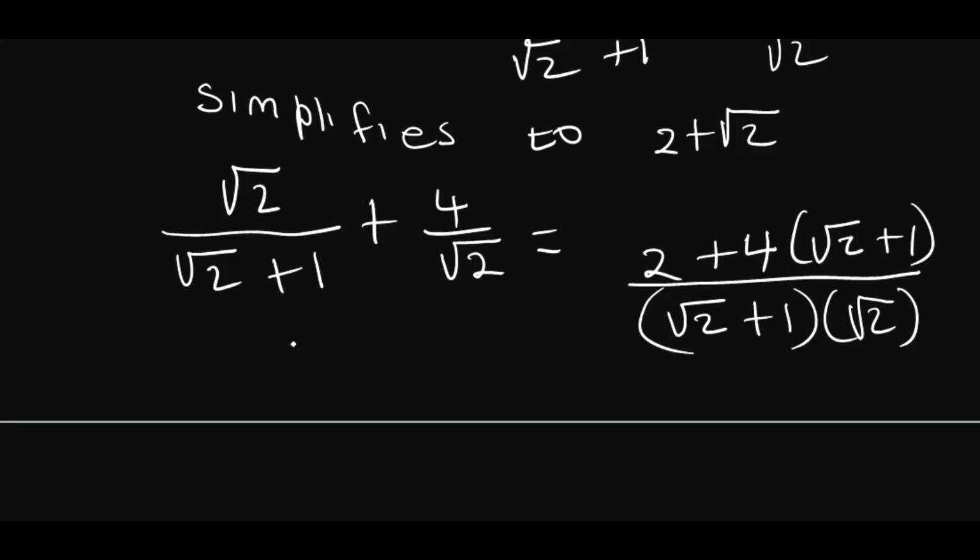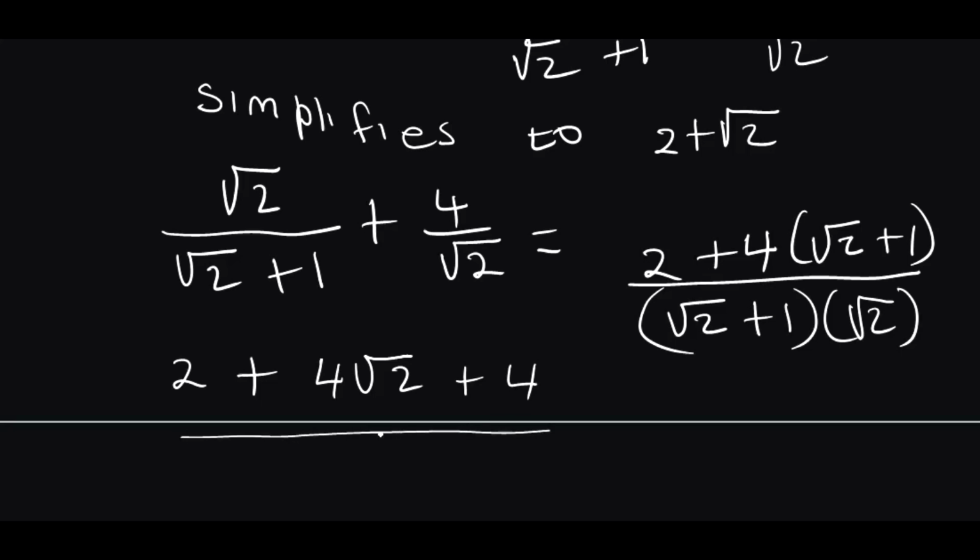Now we need to simplify this. 2 plus 4 times square root 2 is 4 square root 2. 4 times 1, there is 4 all over. Let us simplify this. Square root of 2 times square root of 2, there is 2. Square root of 2 times 1, there is plus square root of 2.